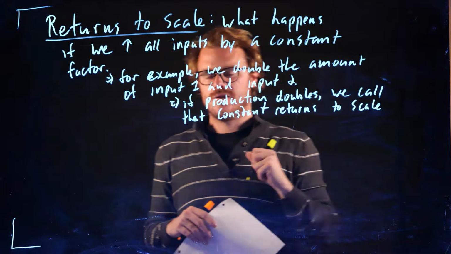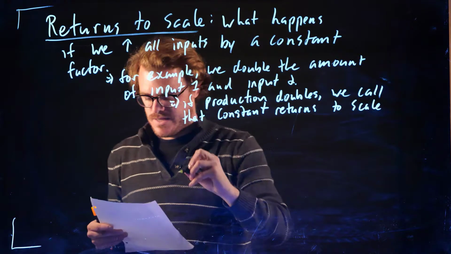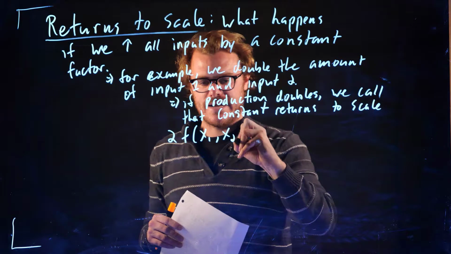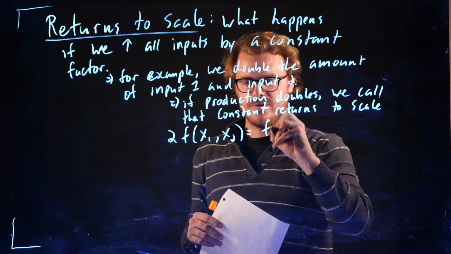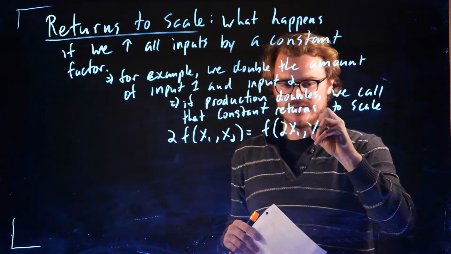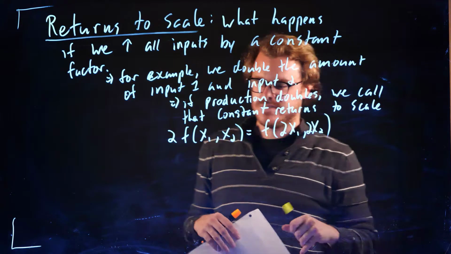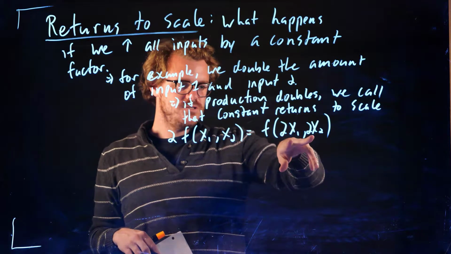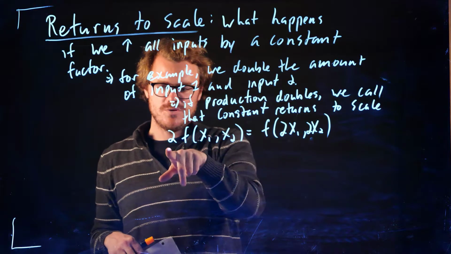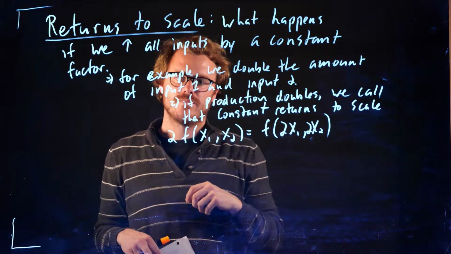So what that kind of looks like mathematically would be 2 times output of x1, x2 equals production level if we just double the amount of each of these inputs. So just doubling the amount of input 1 and input 2 produces 2 times the output we had before.